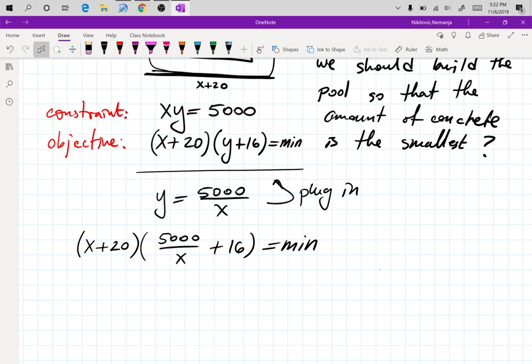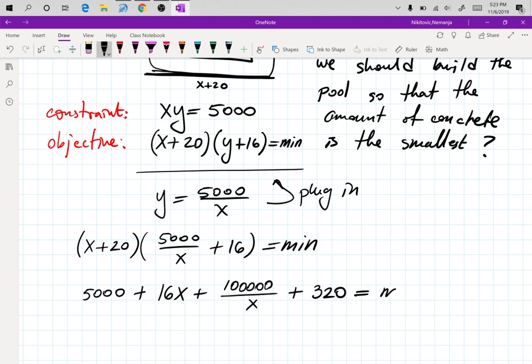So 5,000 times X over X is just 5,000, plus 16X, plus 5,000 times 20 is 100,000, over X, plus 320 equals a minimum.